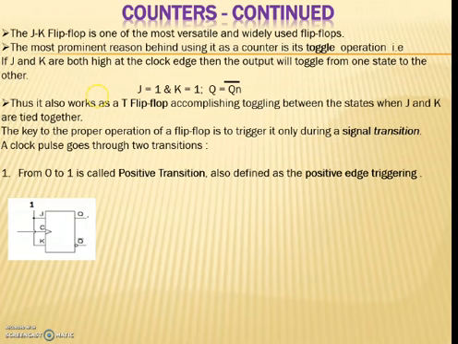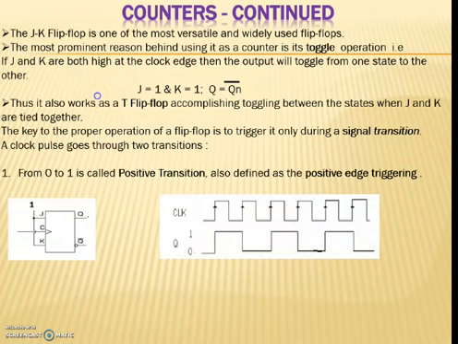The circuit is shown in the figure where J and K are tied high and the clock is given. The output responds to the positive edge of the clock, that is the rising edge. Whenever the clock rises from 0 to 1, the output responds and complements its state. This is the positive edge triggering.